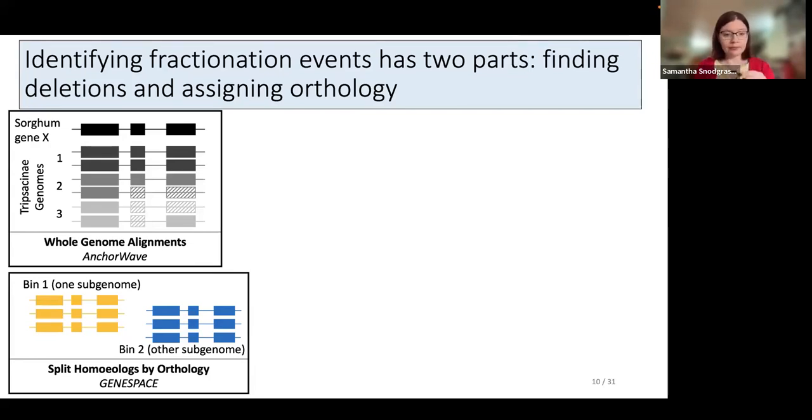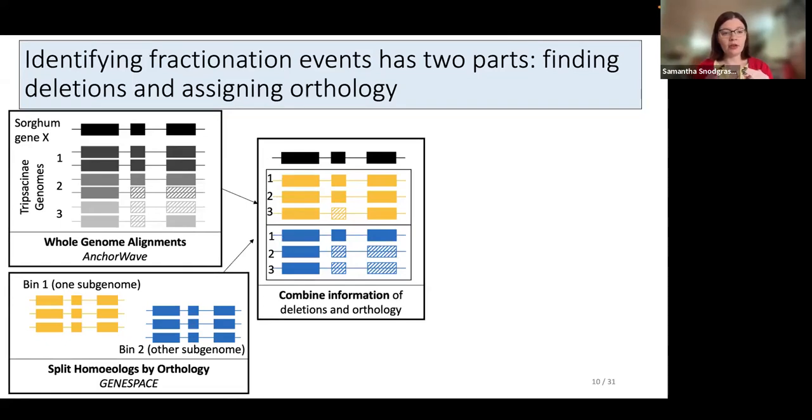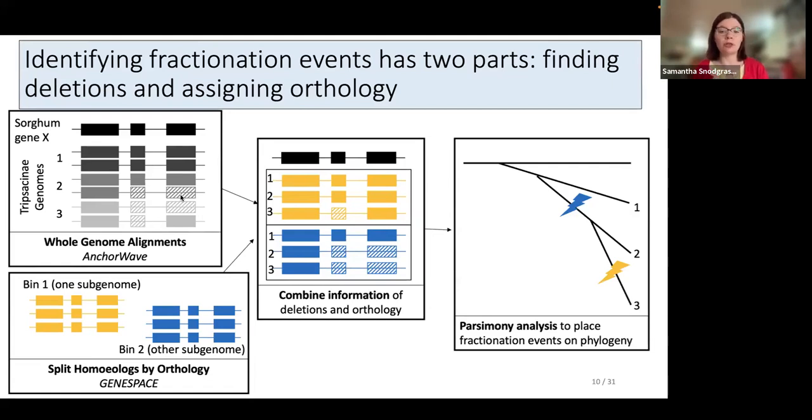And so we can combine all of this information in terms of deletions and that orthology to get at these deletion calls, where we can then do that sort of parsimony analysis, where we say, okay, for the yellow subgenome, bin 1, those homologs, there's only a deletion identified in exon 2 of species 3.